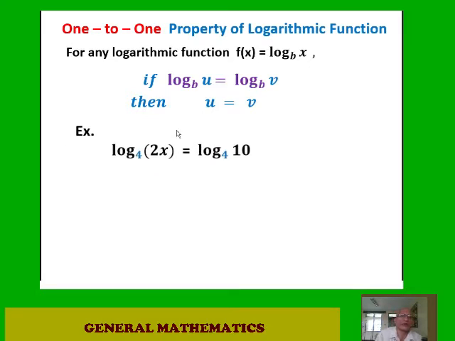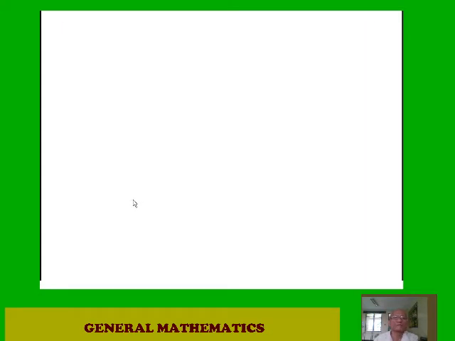So that is our property called one-to-one property. For example, log of 2x base 4 equals log 10 base 4. Both sides of the equation have the same base 4, so we can equate 2x and 10. So 2x equals 10. So solving for x, the value of x is 5.